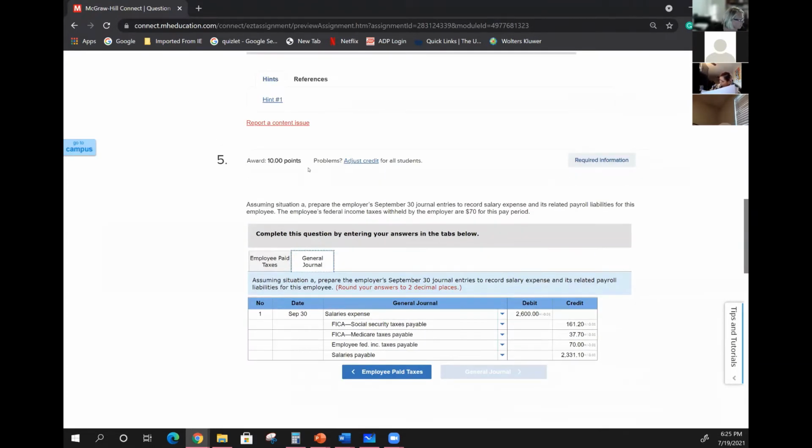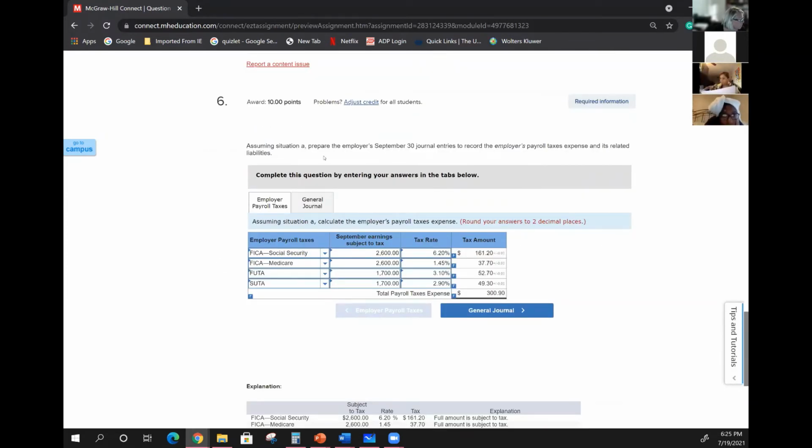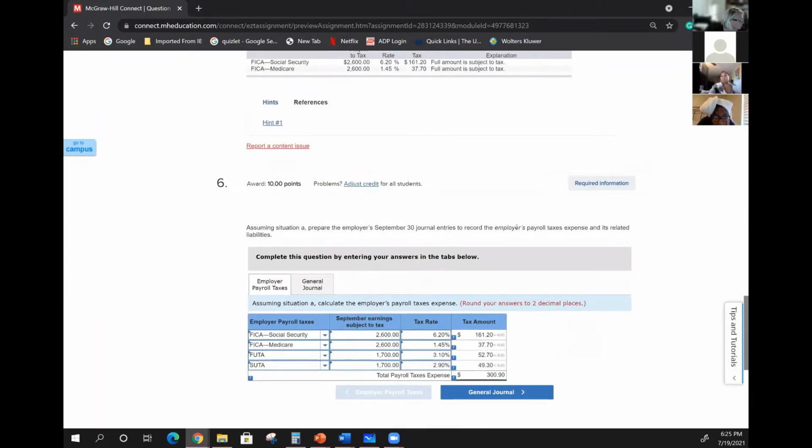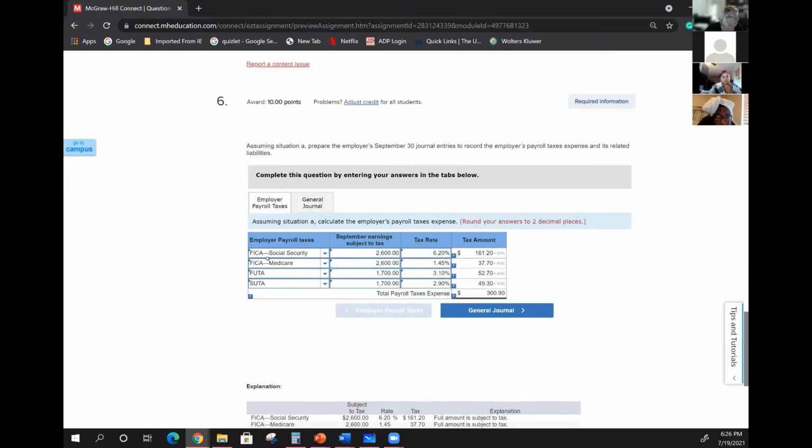So this must have been for the employee, and this one is setting up the payroll taxes and related liabilities for the employer. So number 6 is the employer's taxes that they have to pay. The FICA, Social Security and Medicare, your company has to pay that as well.